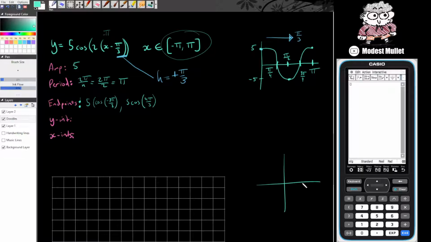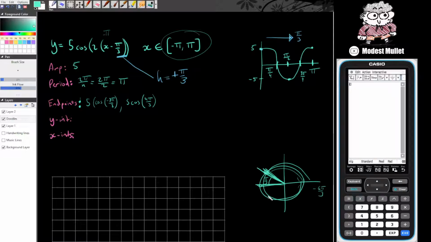Negative 8 pi on 3, well, negative 6 pi on 3 is going all the way round, doing a full loop. So I need to go another 2 pi on 3, which brings me over here. That's going to be pi on 3 in there. Cos, I'm finding the horizontal component of that.